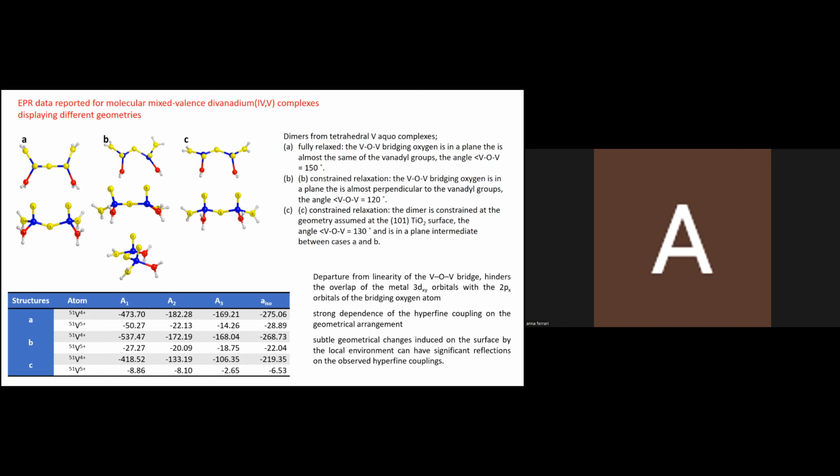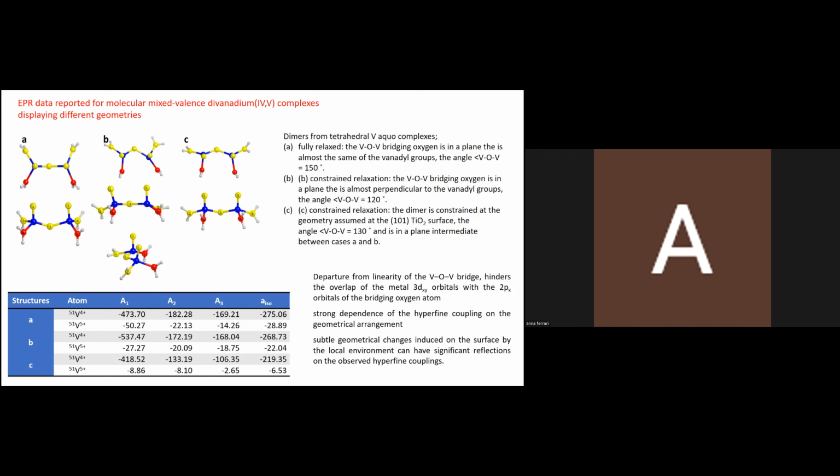What does it mean? On the surface, we believe that we have this kind of structure, but probably the presence of some defects nearby, the presence of hydroxyl or water molecules, can modify the structure a little bit with respect to what we calculate in our ideal model.